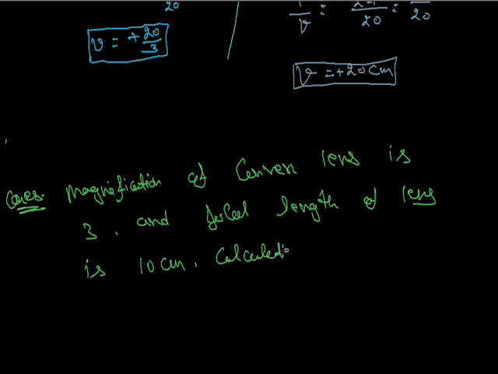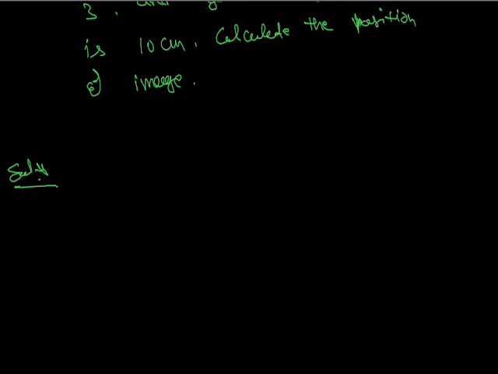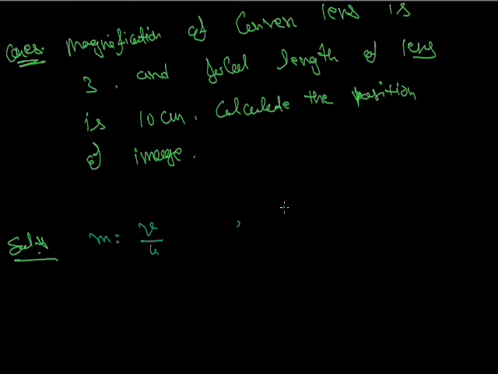Calculate the position of image. In the last class we studied that magnification is given as v by u, and we also know the lens formula is 1 by f equals 1 by v minus 1 by u. Here the magnification is given and we have to calculate the position of image.